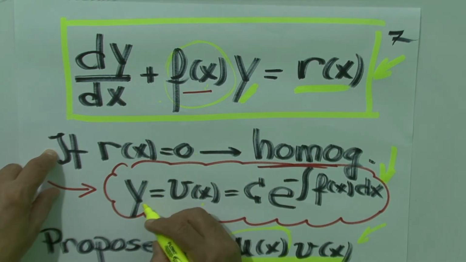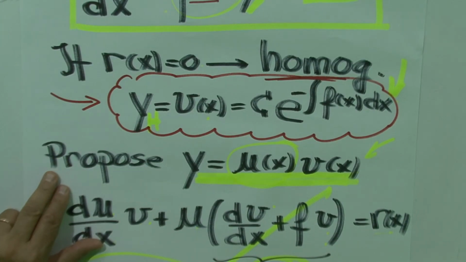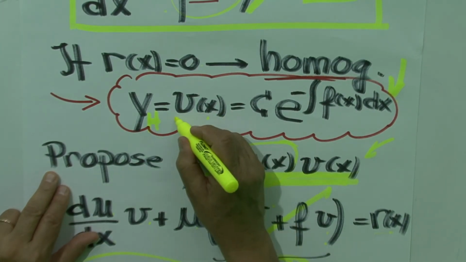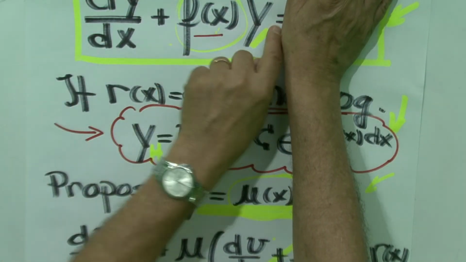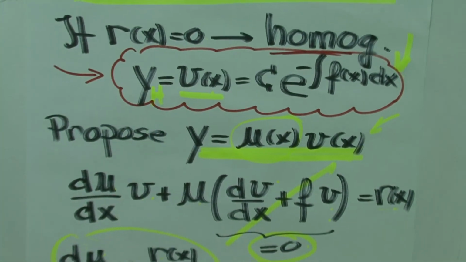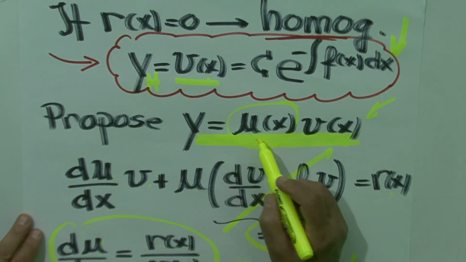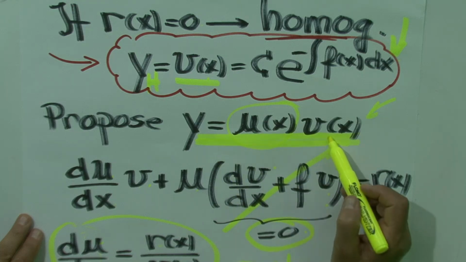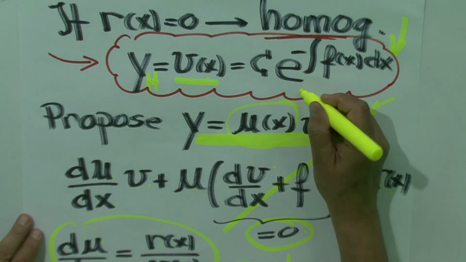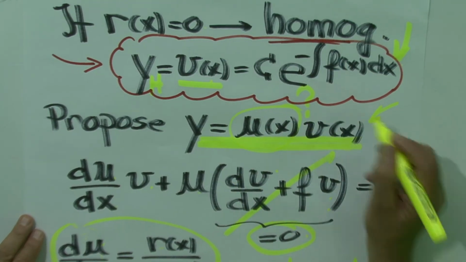That will be the solution. So this is the solution of the homogeneous. Normally we call it H. And I call the solution of the homogeneous V. And I know that when this is V, this is 0. And then I propose that V is part of the solution. But V times a function that I do not know, that's U, is the solution.